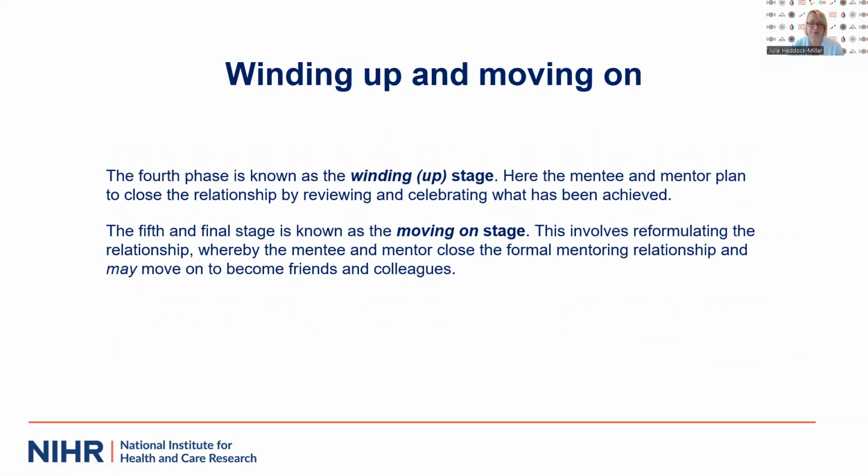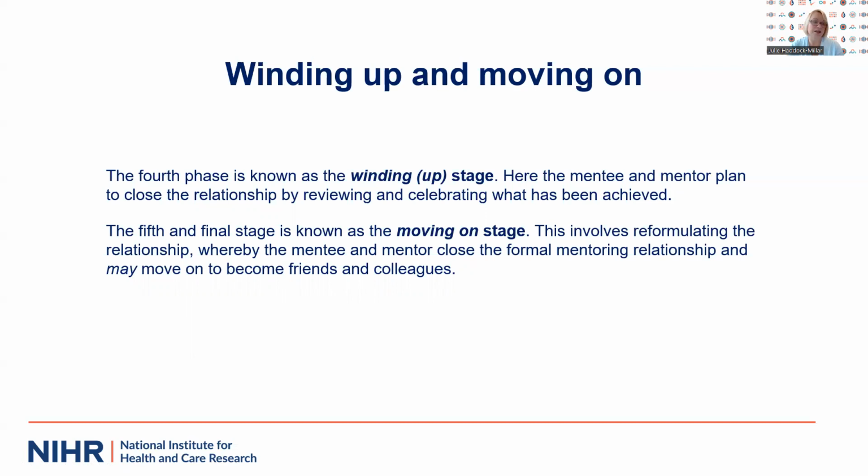And then Professor David Clutterbuck refers to winding up and moving on. So rather than winding down, the fourth phase is winding up. So having a plan to close the relationship, celebrating what's been achieved, thanking one another for the time and the commitment. And the moving on, now that might involve reformulating the mentoring relationship. So are you going to continue outside of the programme, informally, for example?